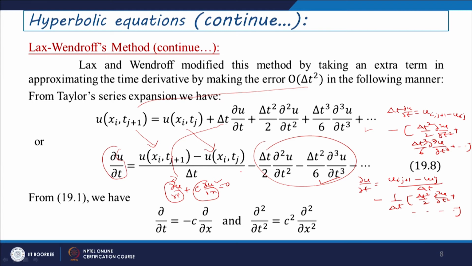So you can write these terms with the operator as del by del t equals minus c del by del x, that is nothing but the operators or the functions we can say. So once more, if the operator is operated there itself, we can write that as del square by del t square equals c square del square by del x square.